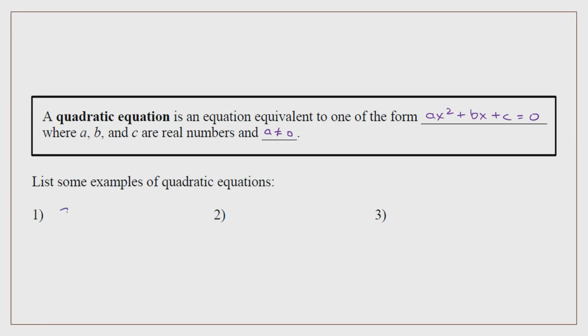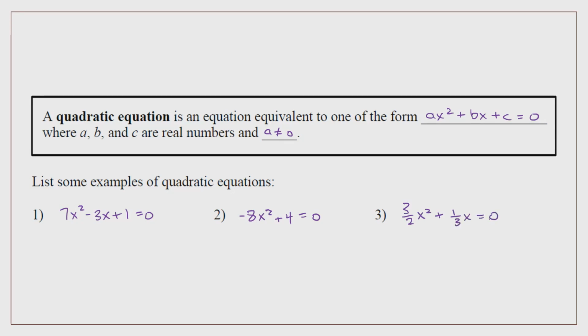We'll have 7x squared minus 3x plus 1 equals 0, negative 8x squared plus 4 equals 0, and 3 over 2 x squared plus 1/3 x equals 0.